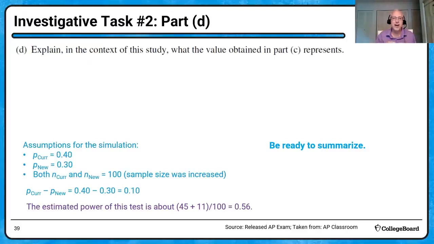As I mentioned, a common endpoint to these problems is some kind of summary. On the previous one, it was trying to think about all the different graphs you had done and summarizing how you could have a confounding variable actually describing the relationship in the baseball setting. Here, we're thinking about what we did in Part C and how it connects back to the earlier parts of the question.